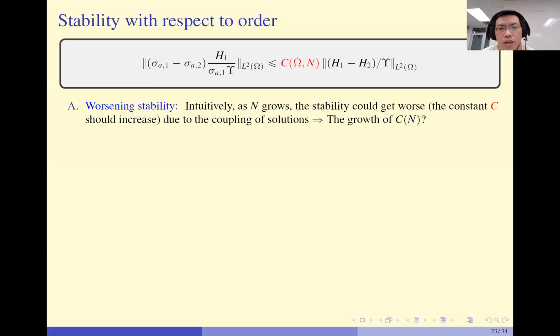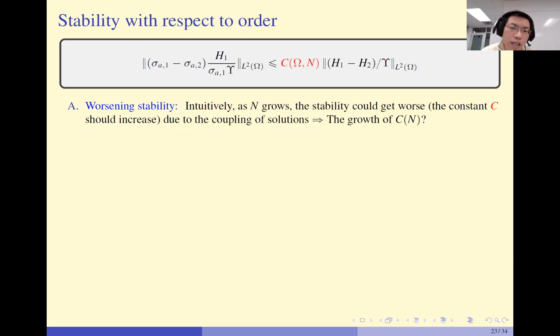So we might wonder, now if we want to get something like a stability estimate for the true real transport model, can we just extend this n to infinity? And then if this constant is bounded, then we get the stability for the transport model. Then the answer would be very nice, right? However, this is not true.